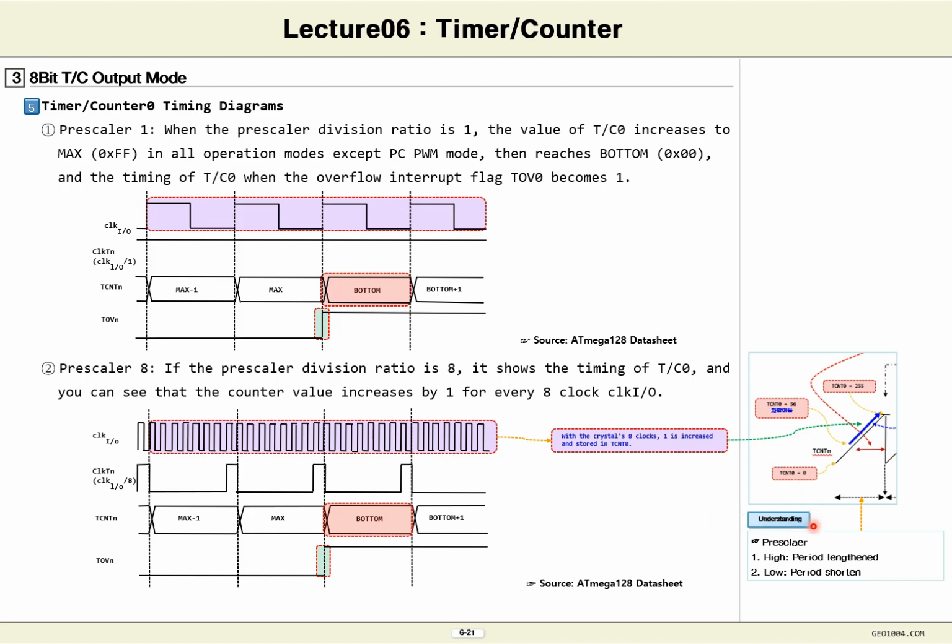As you understand, the higher the prescaler, the longer the period. Please note that when the prescaler is lowered, the period becomes shorter. So far, we have looked at the timing diagram of timer counter 0.